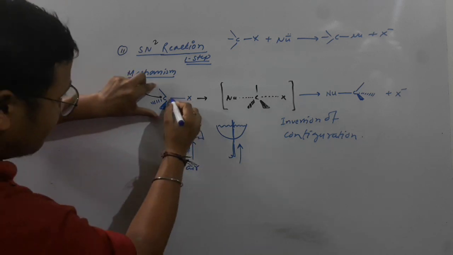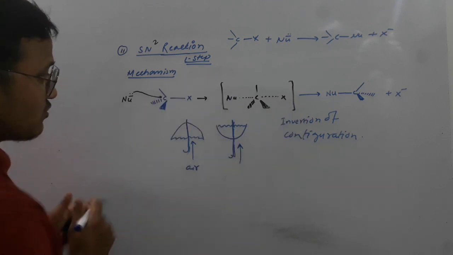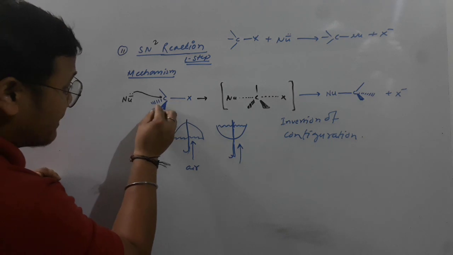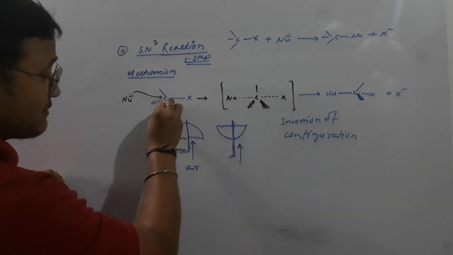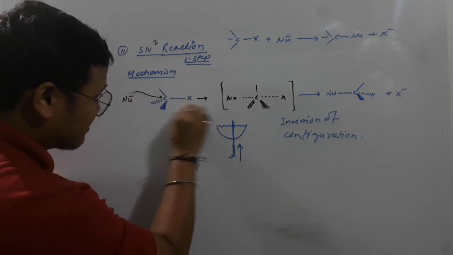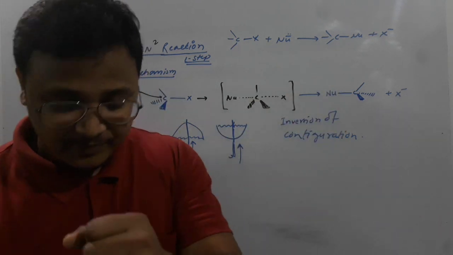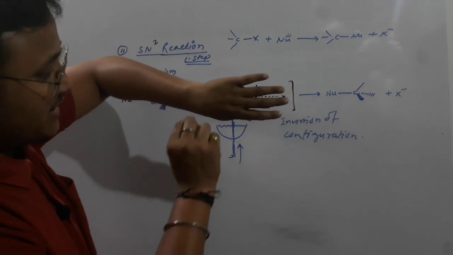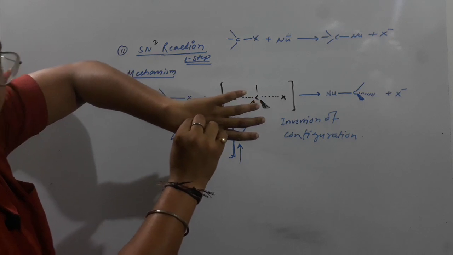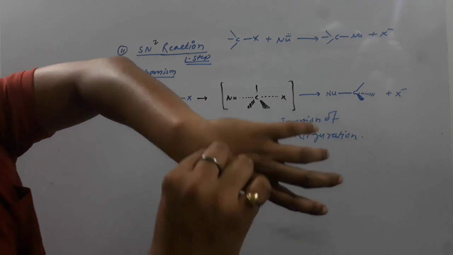Now this halogen tries to go out from there. Once it goes out, it will try to bring all these things along with it, but it will not be able to do that. Consider if you pinch your skin at a targeted point, the rest of the skin also tries to come along with you.